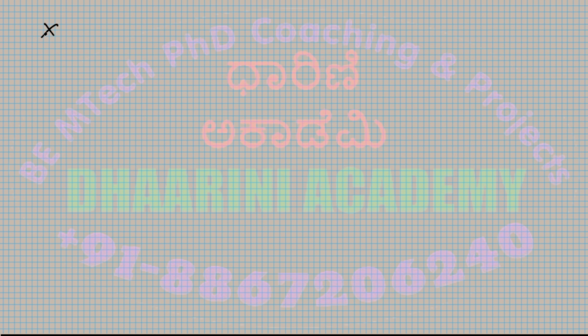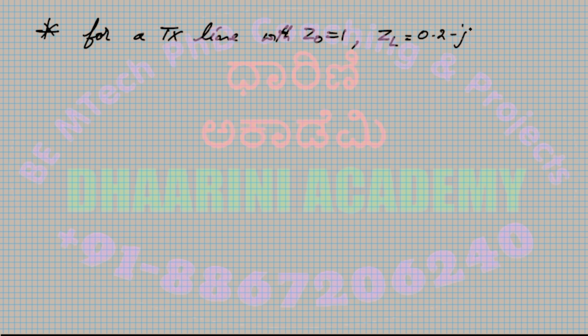So this is the question. For a transmission line with Z naught equal to 1, ZL is equal to 0.2 minus j0.2 ohms.